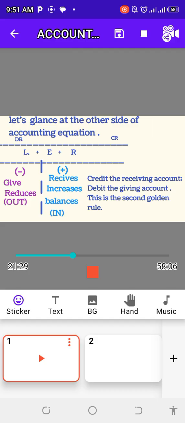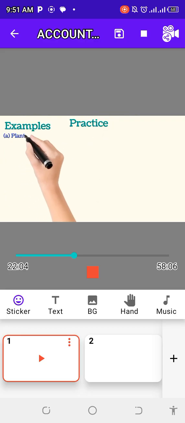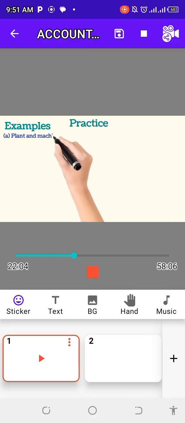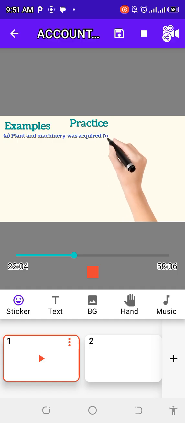In this one, credit the receiving account and debit the giving account. These are the only two golden rules, and these two golden rules will build your foundation in whatever you are going to do in the accounting profession. From now to when you're chartered, to when you obtain your master's and doctorate degree, this is the basics of accounting, and that is how double entry accounting works.